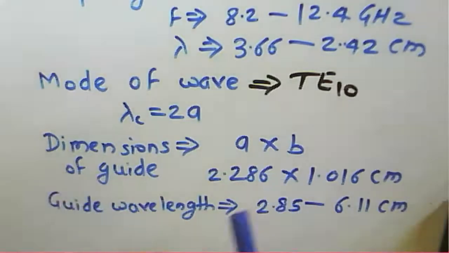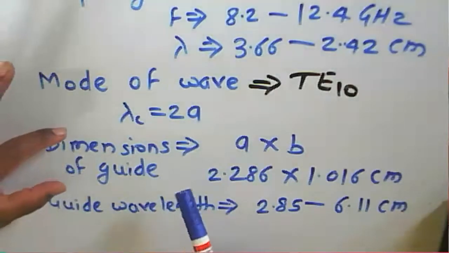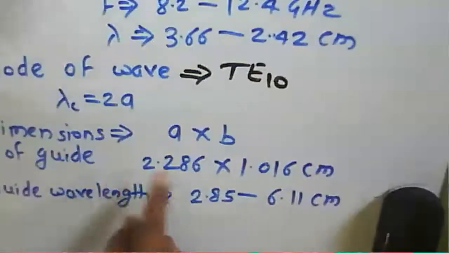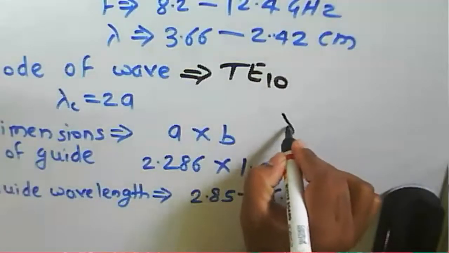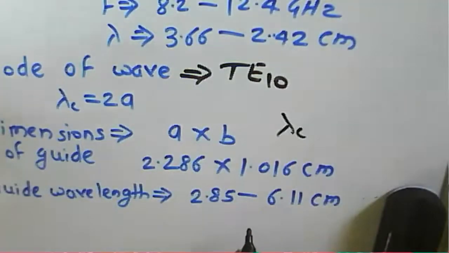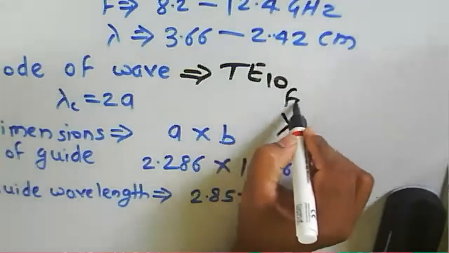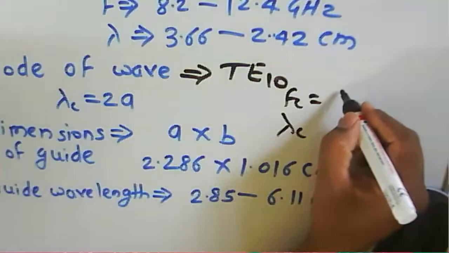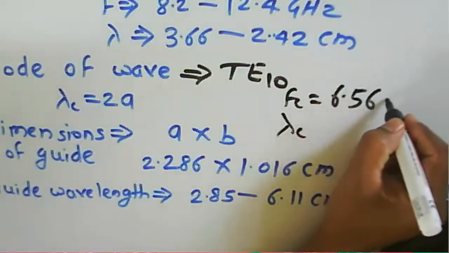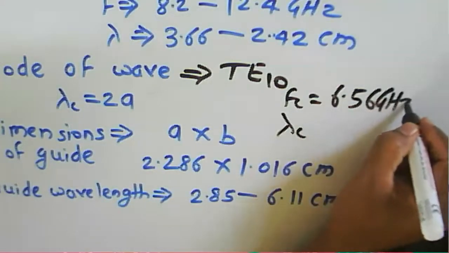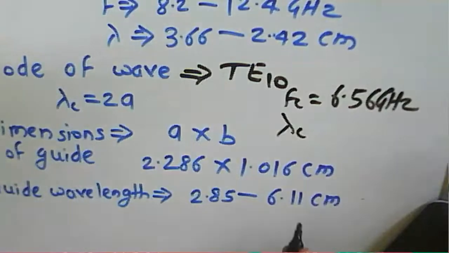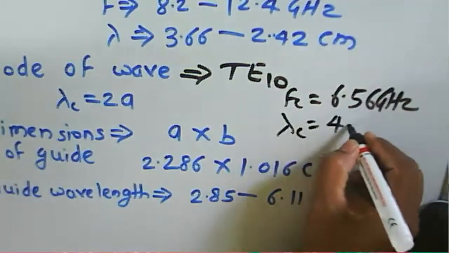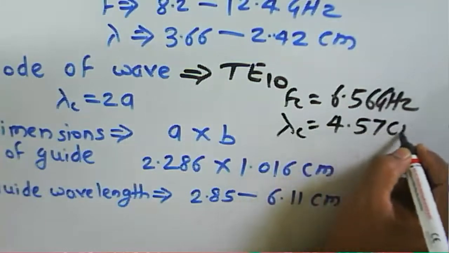Now for a given particular guide, there should be some cutoff frequency or some cutoff wavelength. At the given particular dimension, we have a cutoff frequency as well as a cutoff wavelength. The cutoff frequency for a given particular guide is about 6.56 gigahertz, and the cutoff wavelength is about 4.57 centimeter.